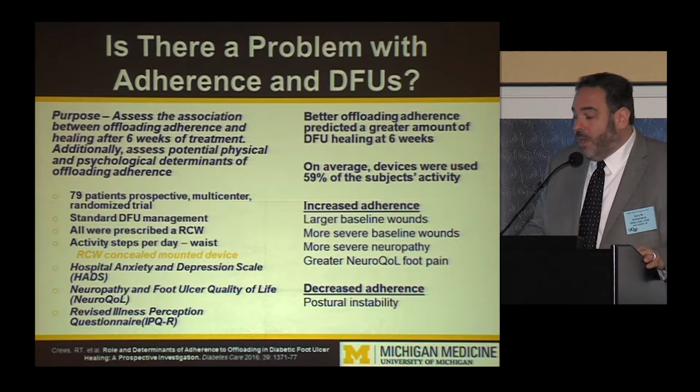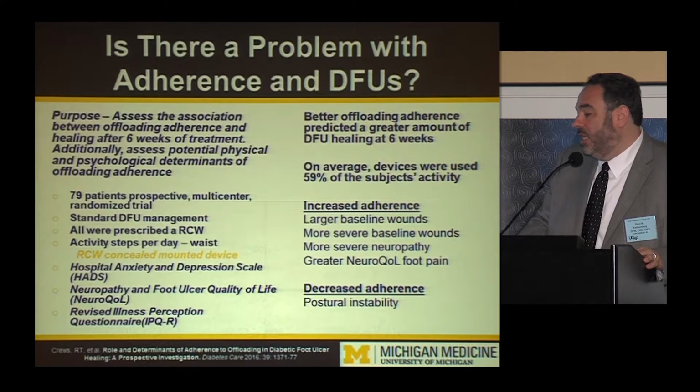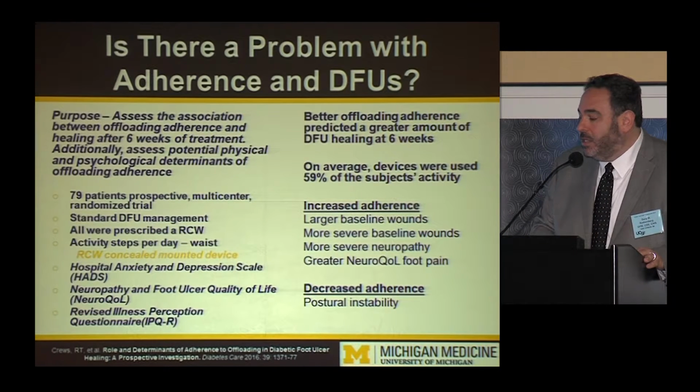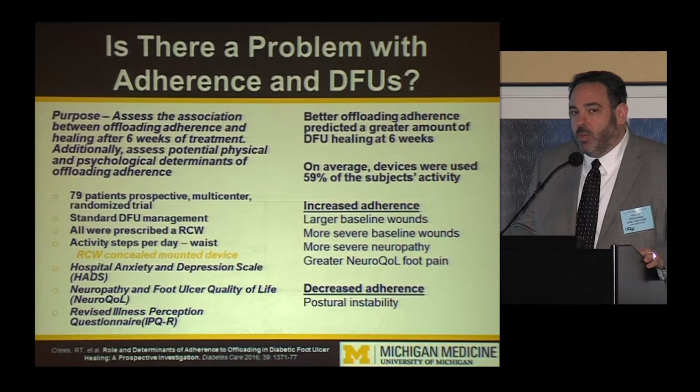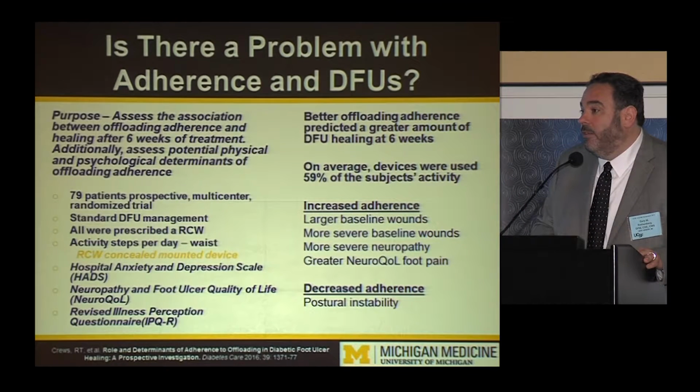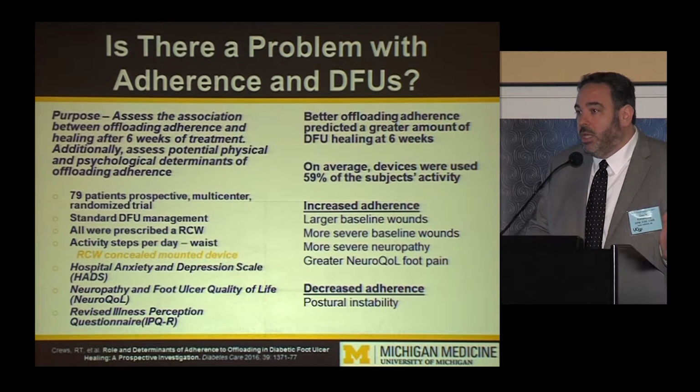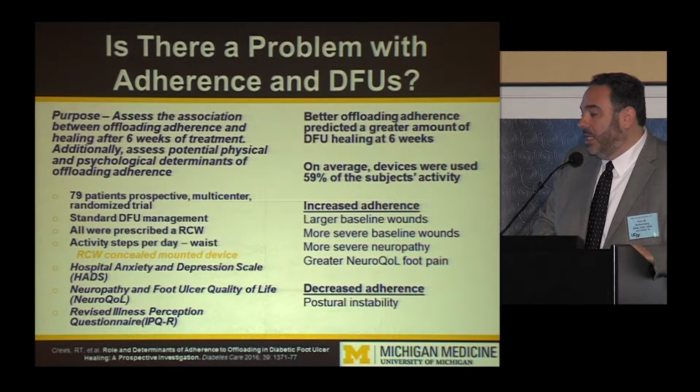These patients have more neuropathy based on the quality of life study and the neuropathy scales that they used. And they also found that patients who exhibited postural instability did not wear their removable cast walker as much, probably for fear of falling. But overall, clearly, the more adherent you are with the offloading device, the more those wounds did heal over a 6-week period of time.